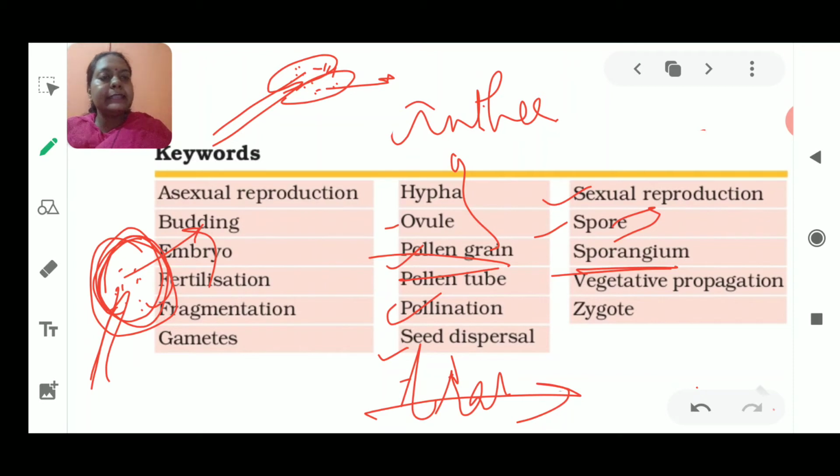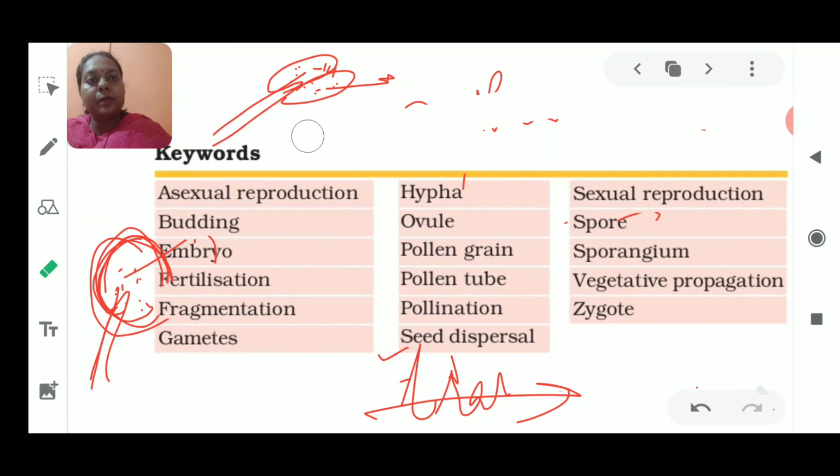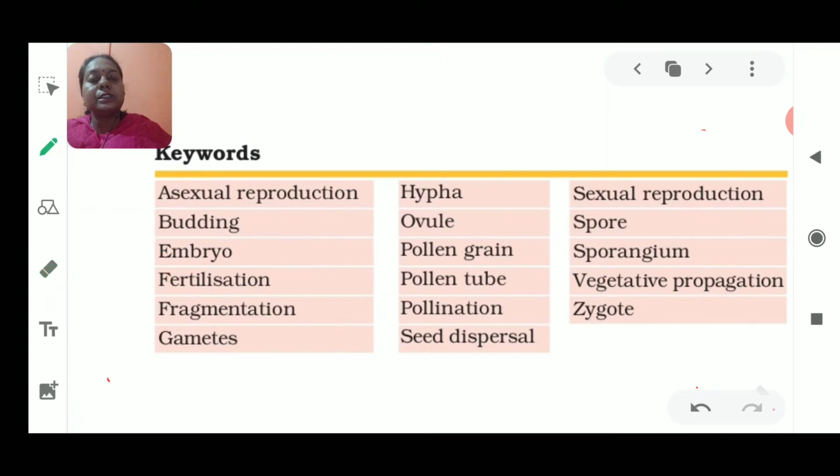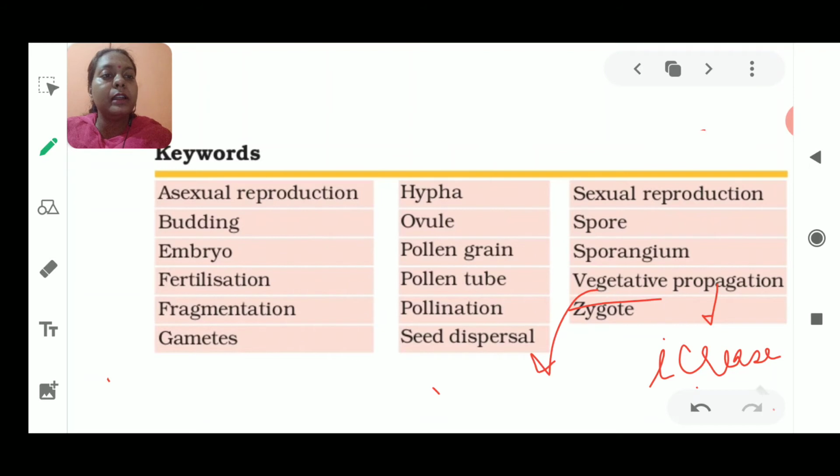Okay. Next word which we will discuss is vegetative propagation. At the beginning of today's video also I told you what you mean by vegetative propagation. Vegetative propagation is a long word. Propagation means to increase, and vegetative means the vegetative part other than the flower.